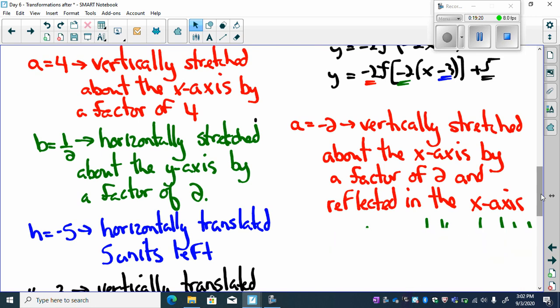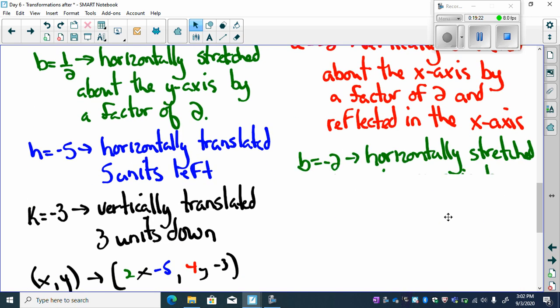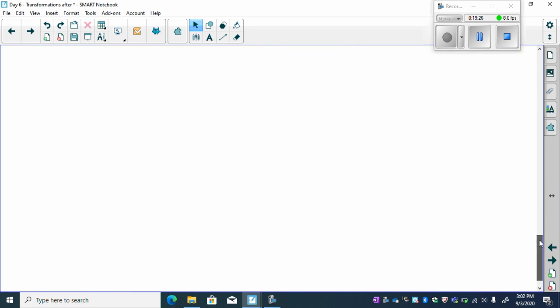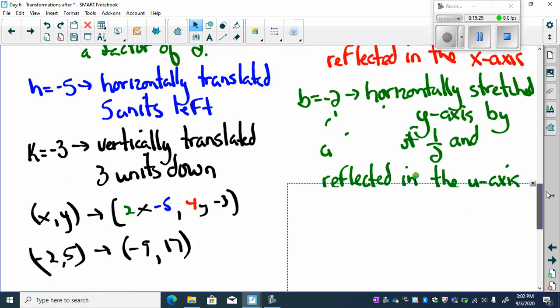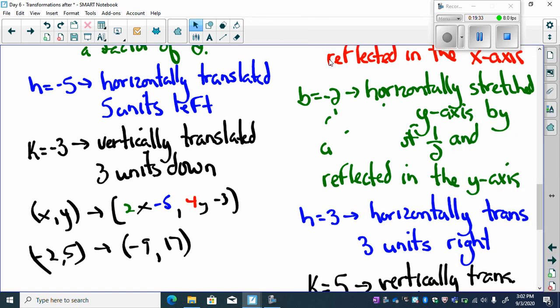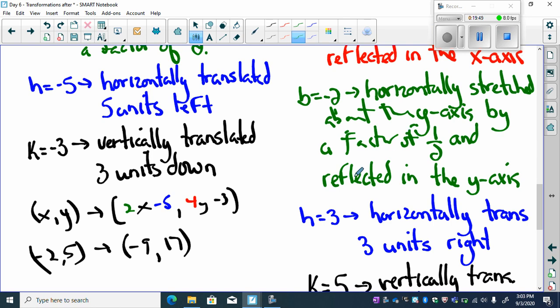That means it's horizontally stretched about the y-axis by a factor of 1/2, and it's reflected in the y-axis.